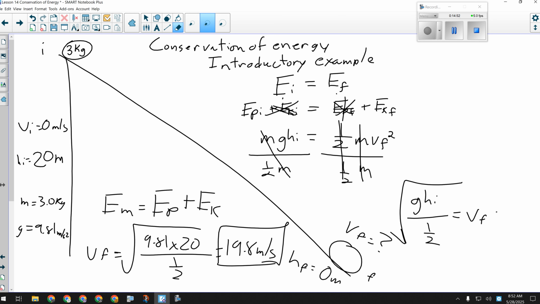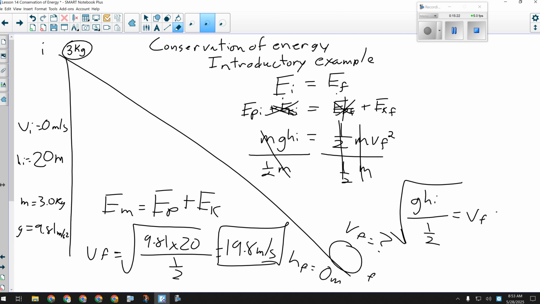So how do you tell the difference? If I give you a question on an exam, how will you know it's a work energy theorem question or a conservation of energy question? Because it kind of seems like they give you similar stuff, right? They give you heights and speeds. Did it give you force?